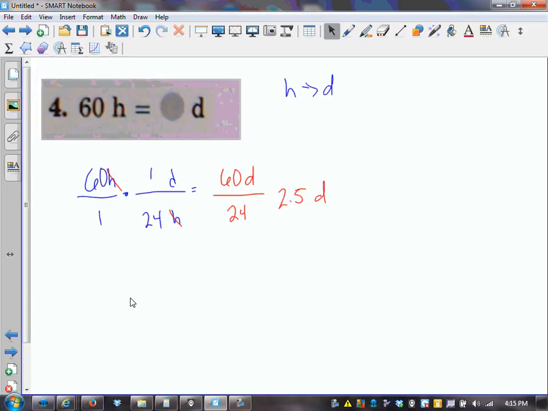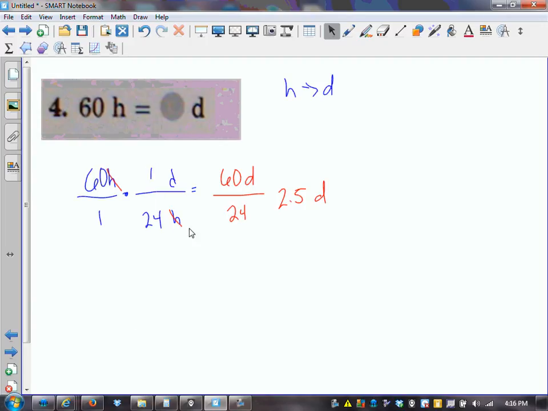Right? I do the same thing here, except this one's a lot easier because I can go directly from hours to days. I make a fraction, 60 hours over 1. I multiply by a new fraction that has hours in the denominator so that they'll cancel, and days in the numerator. 1 day is 24 hours. Okay?